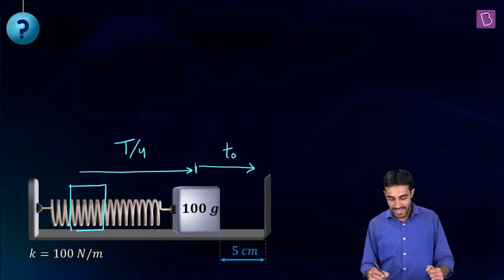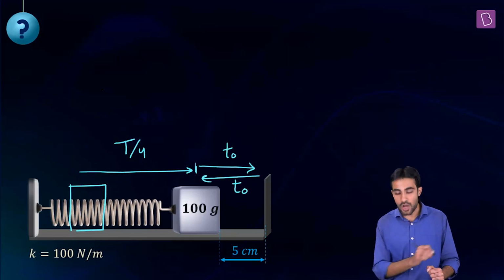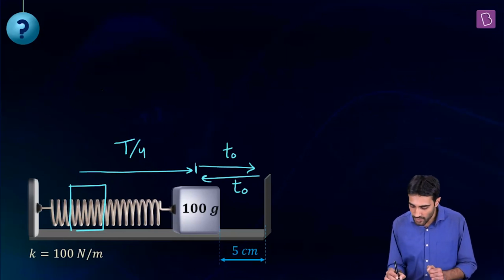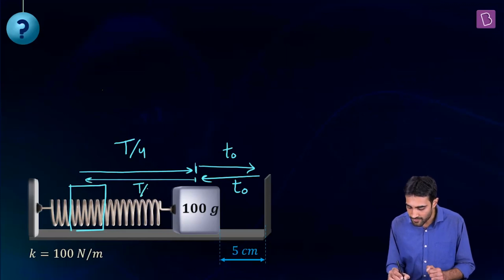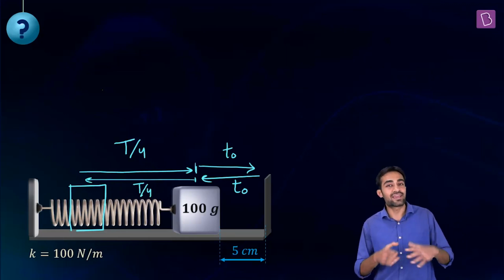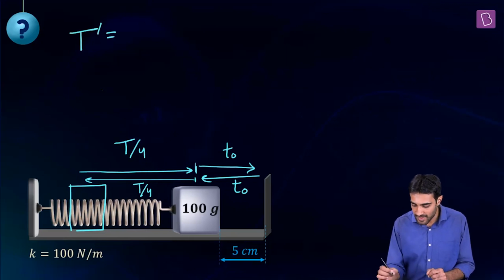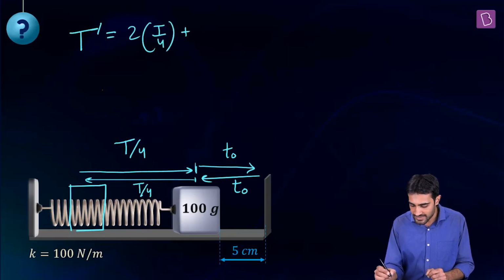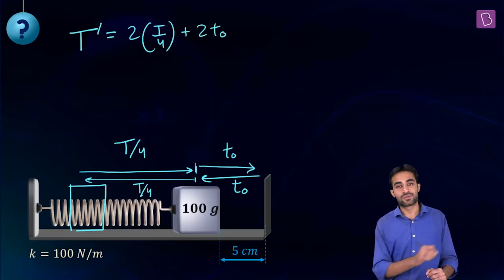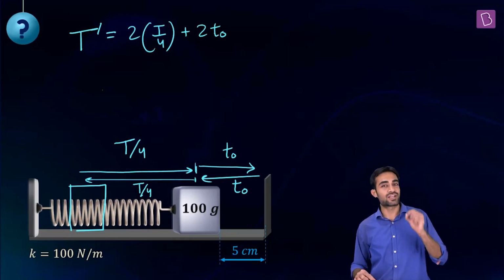And then from the wall back to the mean position, the time taken is again t naught. And then from this mean position to the extreme position, time taken is T by 4. This motion will repeat again and again. So the time period T dash is nothing but twice of T by 4 plus twice of t naught. So we have to calculate this time period T dash.